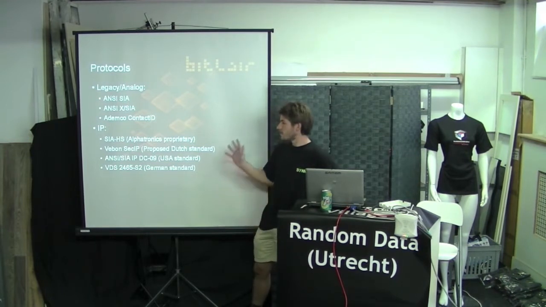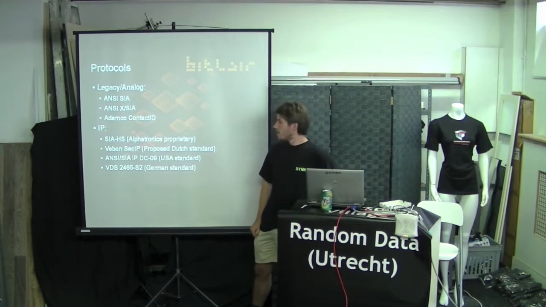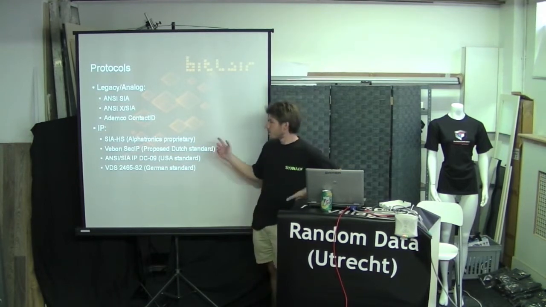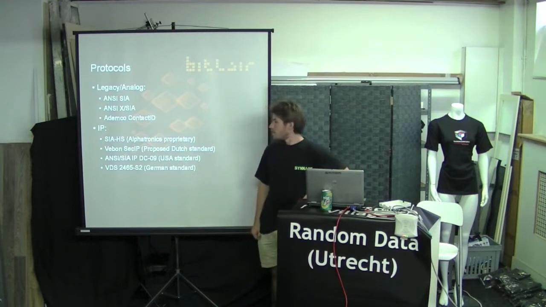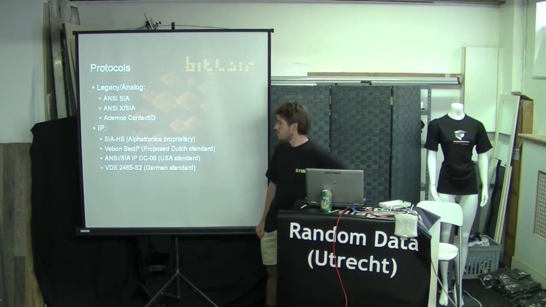So there are several to choose from, which is interesting. The SIA HS, which is basically Alphatronics' proprietary protocol. The Vibel and SEC IP, which is the Dutch attempt for a standard. Also not very secure. DC09 and a German standard as well.